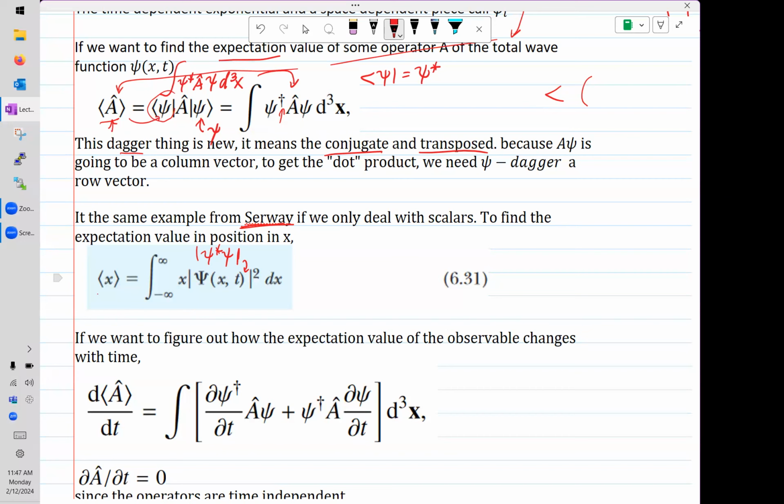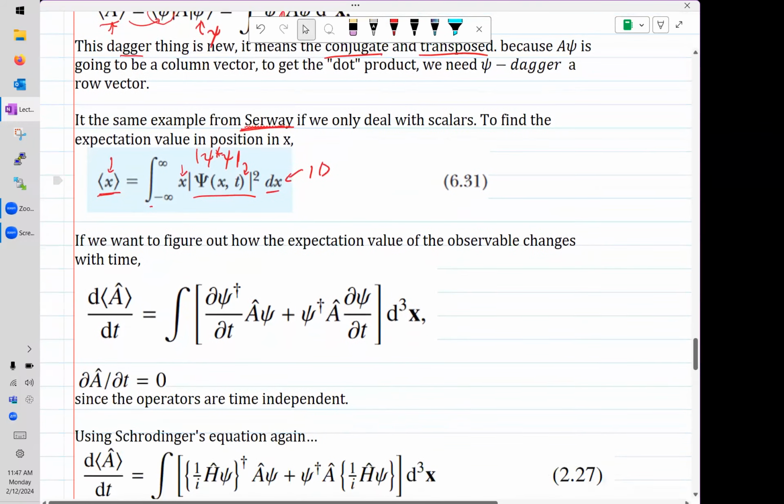The expectation value, let's say, of the position x is just this integral, where you multiply the position x by psi star psi, and then you integrate over all of space. In this case, since we're doing the one-dimensional version, that's just integrating along the x-axis.